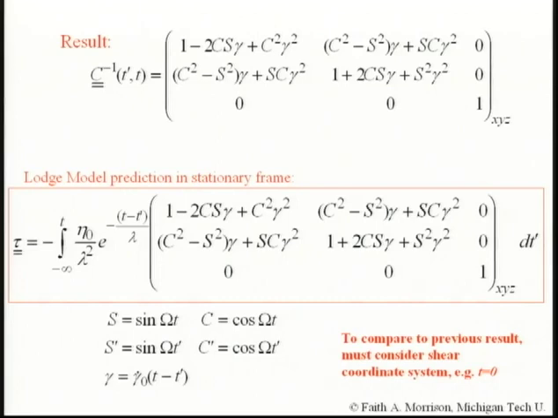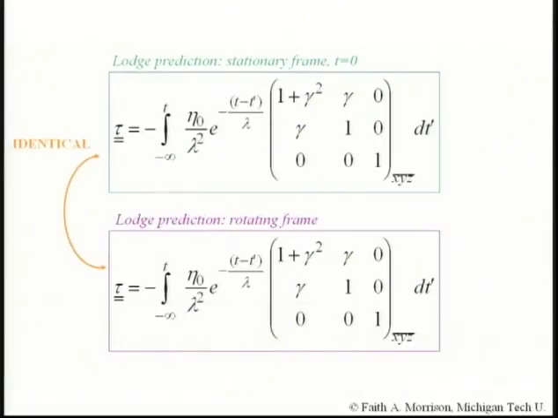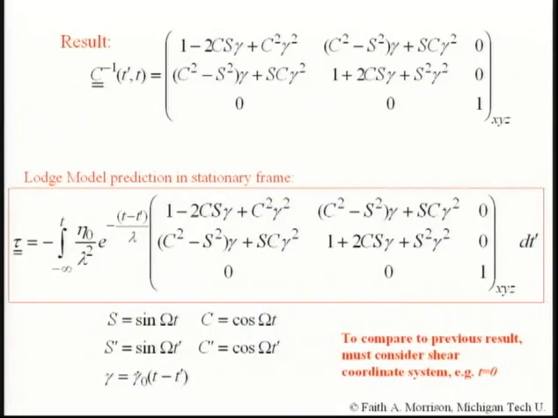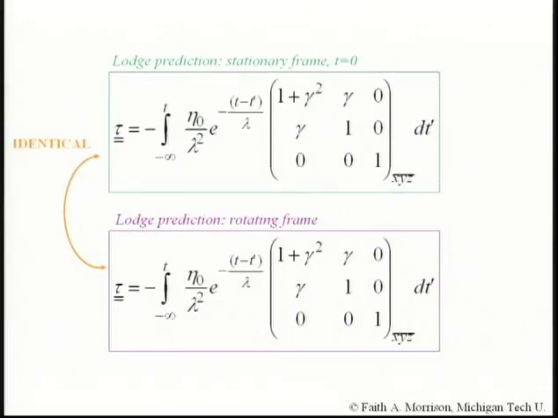So each of these capital S's and capital C's has a time in it, and everywhere there's a strain, there's a time. So we put time equal to 0, and we get this result. No, excuse me, we get this one. They're the same thing. And so, in fact, we get the same result. There's no rotation angle omega, this rotation of the turntable, it doesn't appear anywhere, and the result checks out.